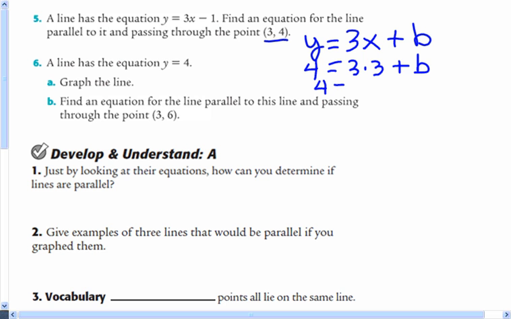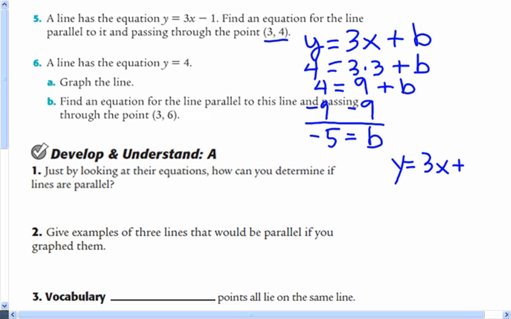So 4 has to equal 3 times 3, which is 9, plus whatever the y-intercept is. Working backwards, I'm going to subtract 9 from both sides, and I get b is equal to negative 5. So I think the equation is y equals 3x plus negative 5, or y equals 3x minus 5. And then you can go ahead and check the calculator to make sure it's true.